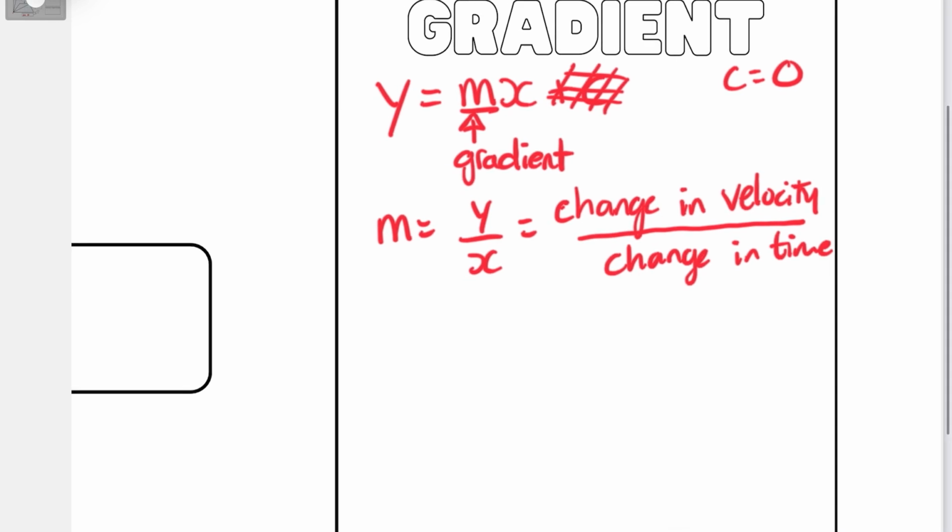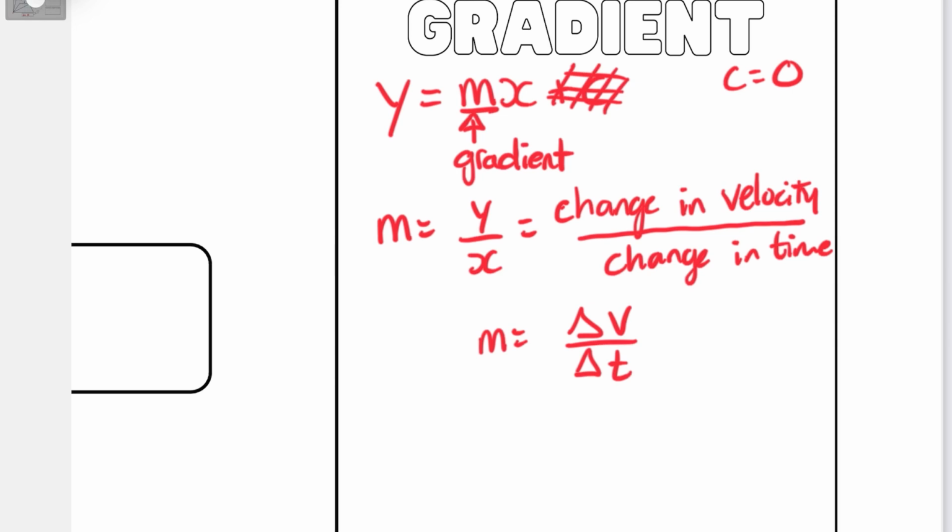Now, the way we can write this: gradient equals delta v over delta t. Comment down below what the delta symbol means. House points if you can get that one right. That was in a previous video, so go check it out if you're not quite sure.